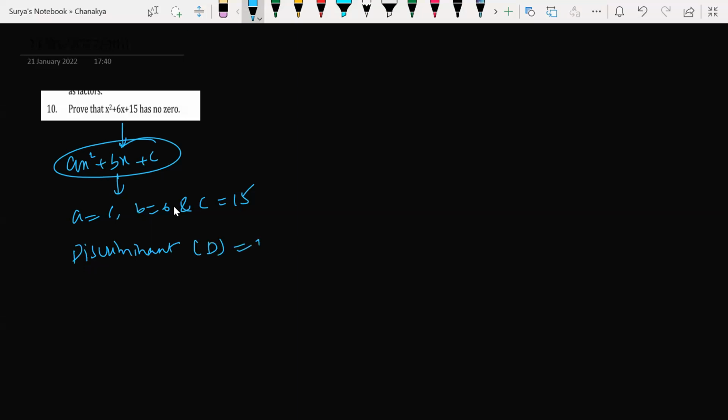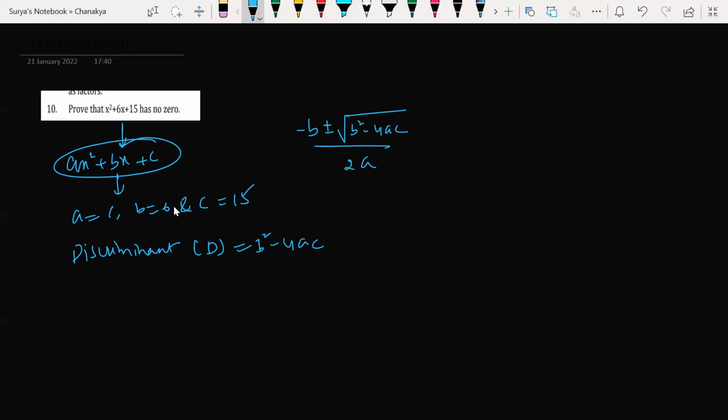Discriminant is nothing but b square minus 4ac. We know the formula to find the roots, right? Minus b plus or minus square root of b square minus 4ac, by 2a.